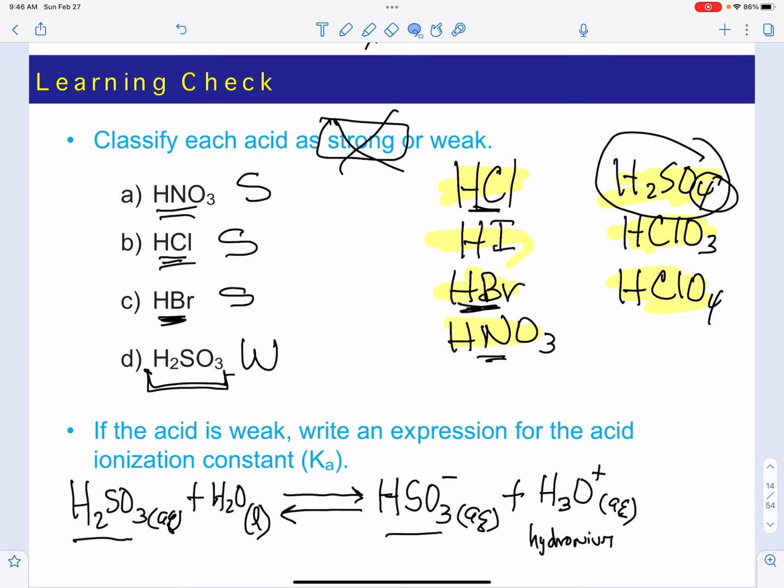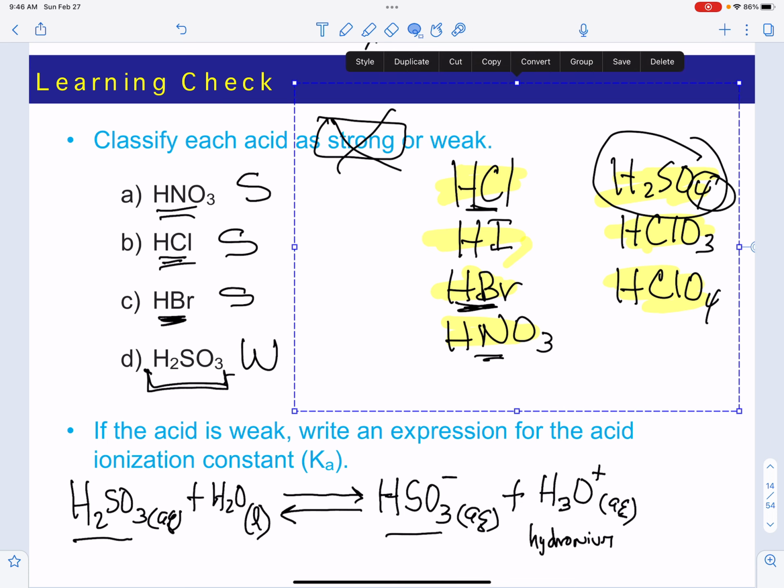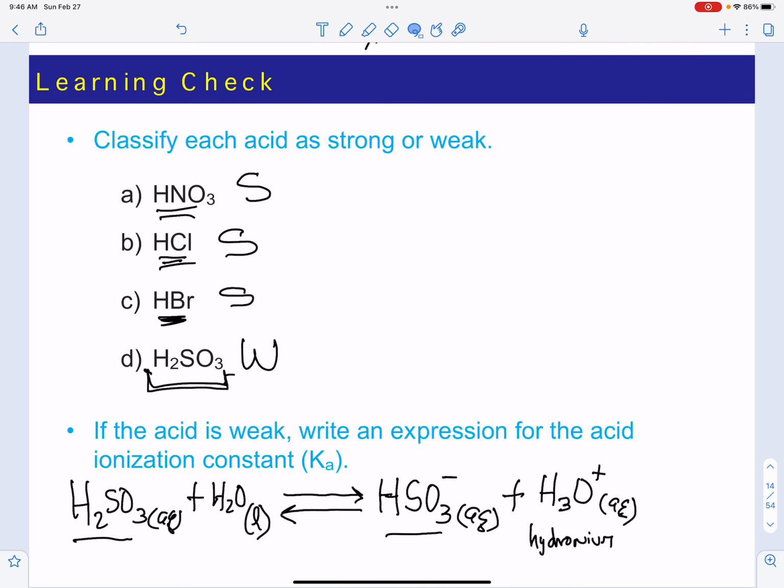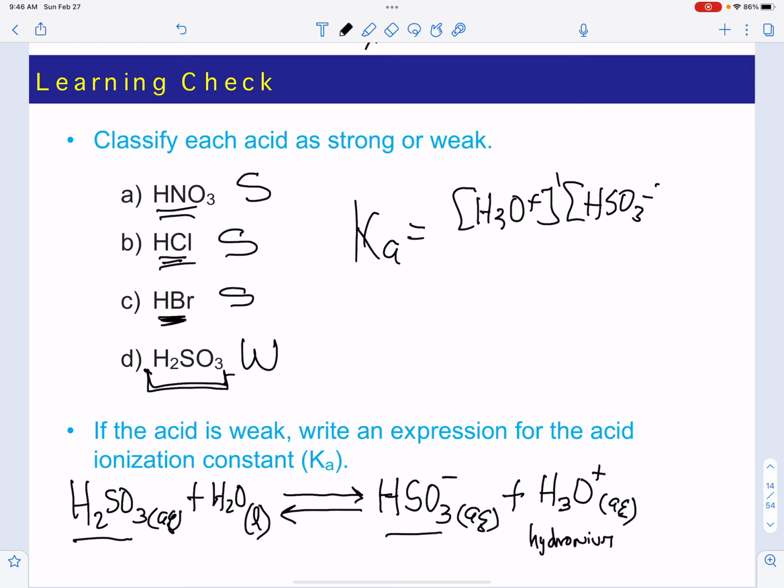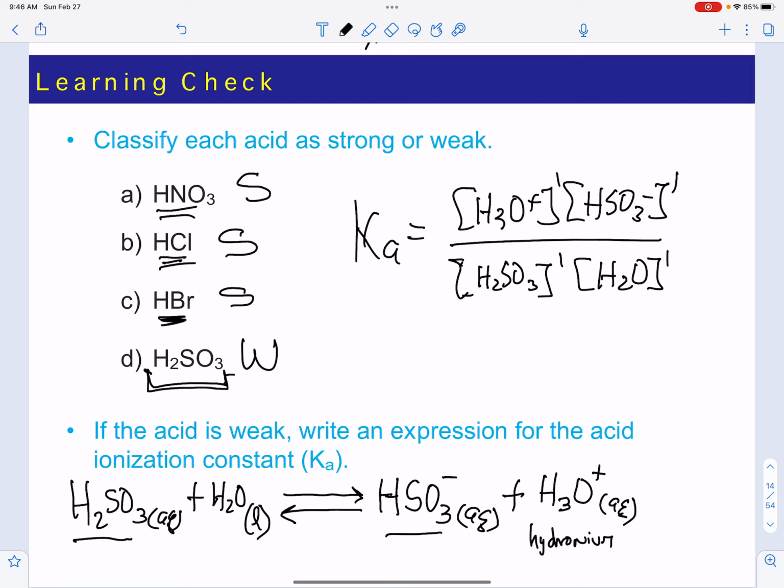So now we're ready to write the ionization constant. The ionization constant is going to be the products, hydronium concentration to the first, multiplied by hydrogen sulfide to the first, divided by the reactants, sulfurous acid to the first, multiplied by water to the first.